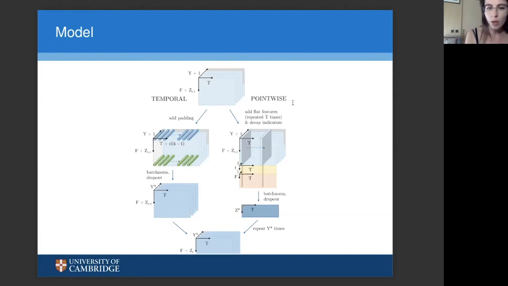On the pointwise side, this is something that we haven't yet mentioned. The pointwise idea is to take advantage of the inter-feature relationships. So the idea that if we look at more than one feature at a time, we can get more information than looking at them individually.